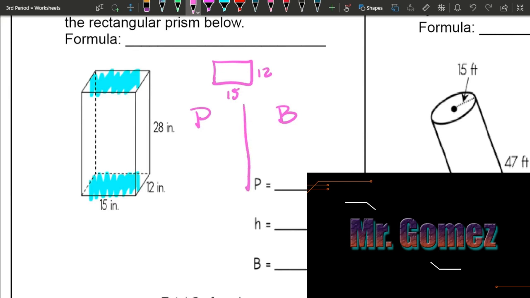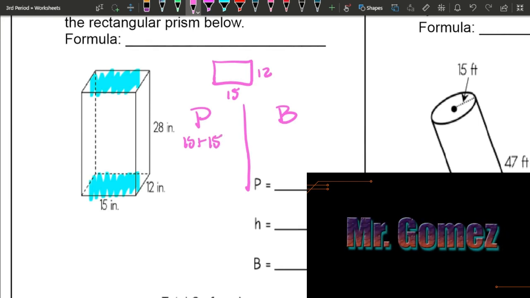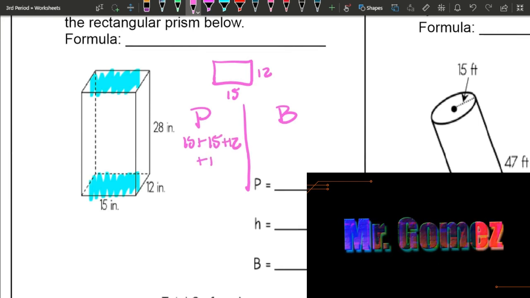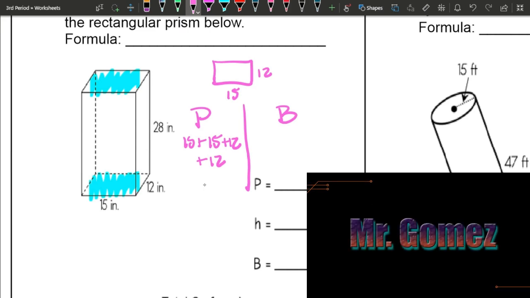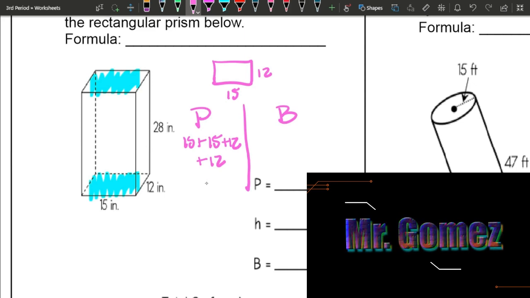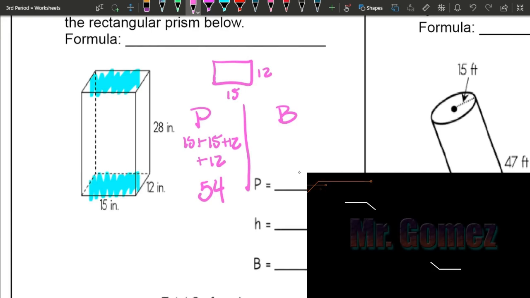So with this, I can find P and I can find B. So perimeter is going to be what? 15 plus 15 plus 12 plus 12, which is 30 plus 24, which is 54. So my perimeter of the base is 54.